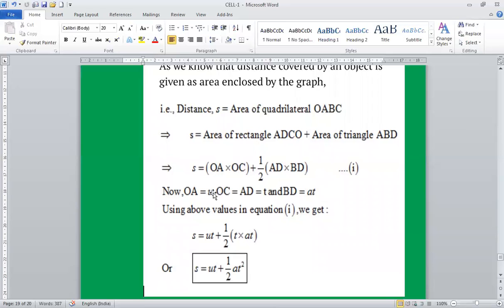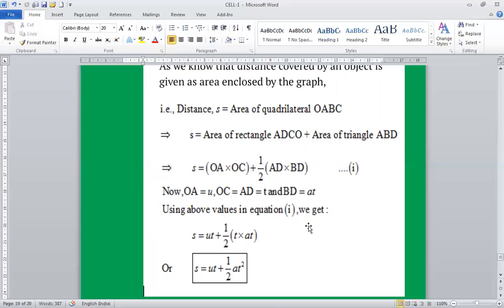You know OA is equal to U, OC and AD are similar, which is equal to T, and BD is equal to AT. So putting in all these values, OA is U, OC is T, then half, AD is T again, and BD is equal to AT.